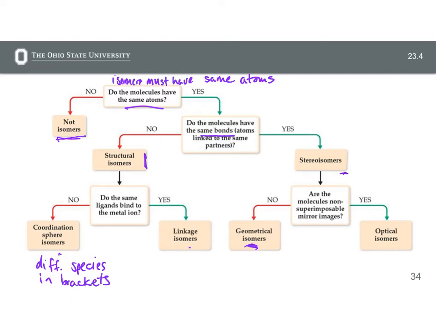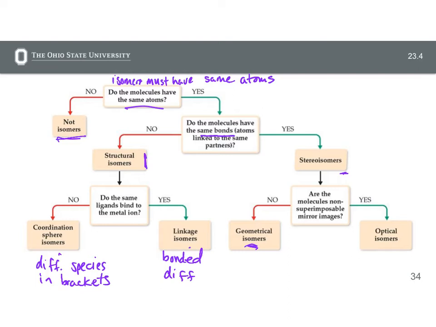I'm trying to think of a problem. You might need to know all of the ions present, and if there is water associated with the hydrates. Linkage isomers are going to have the same species in brackets between each other, but they're going to be bonded differently. Okay, so that's the example with the thiocyanate and the nitrite types of isomers.